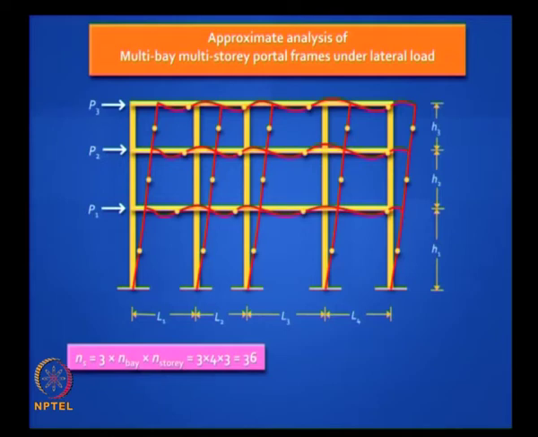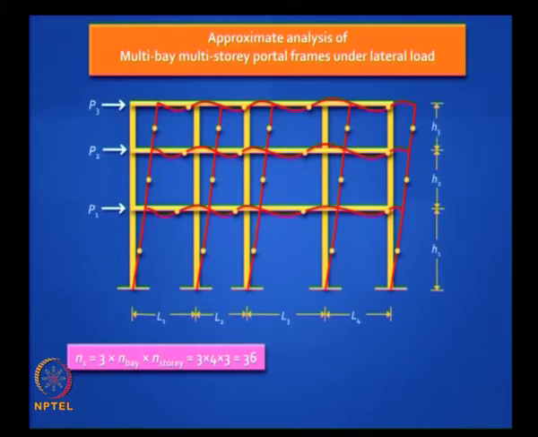multi-story, multi-bay frames. Okay, and let us continue with the assumption that you have hinges, you have points of contraflexure in the middle of all the beams, which is not 100% true also, because it is not symmetric anymore, and in the mid heights of all the columns if the bottom is fixed.